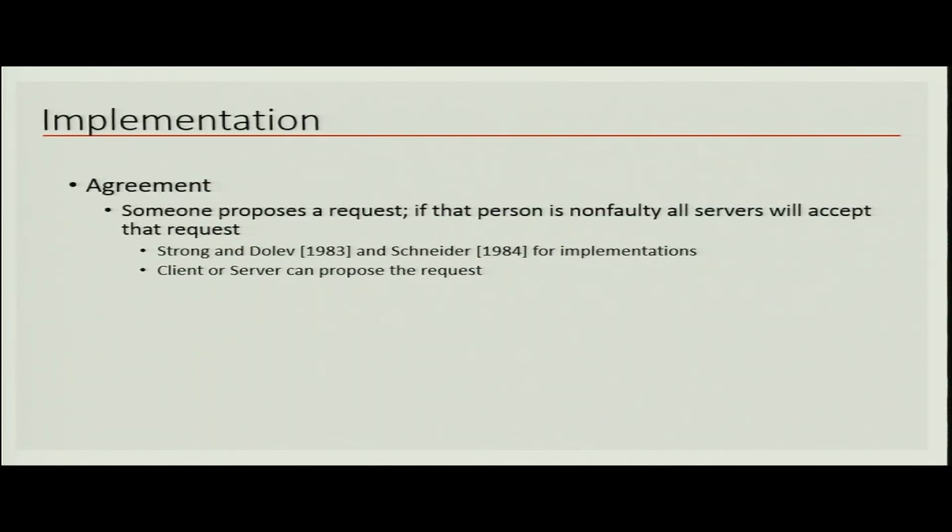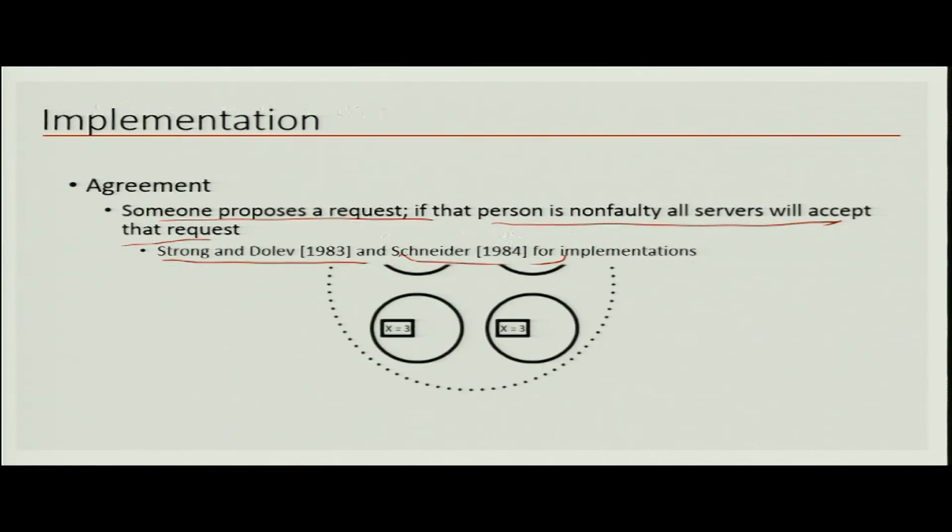There is this algorithm by Strong and Dolev, and then Fred Schneider also did some improvement on that. This guarantees agreement: if someone proposes a request and that person is non-faulty, all servers will accept that request, and any client or server can make a request.